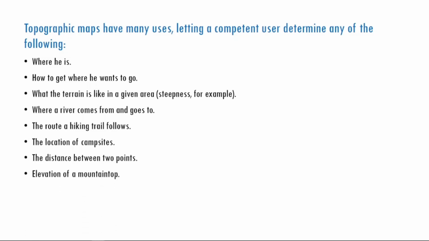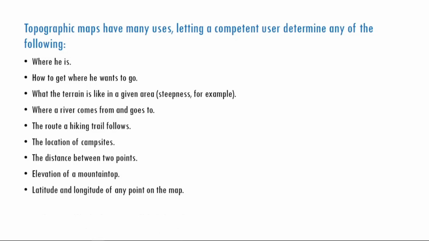The elevation of a mountain top. People want to know how high Mount Kilimanjaro is. Others want to know how high Afadjato is, to differentiate between the two and see which one is the tallest. A topographic map can help with that.